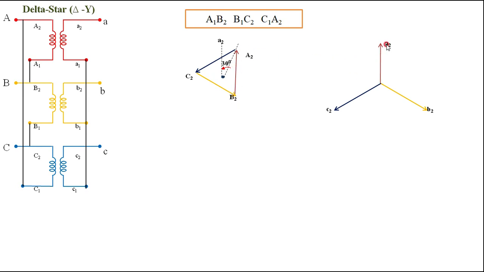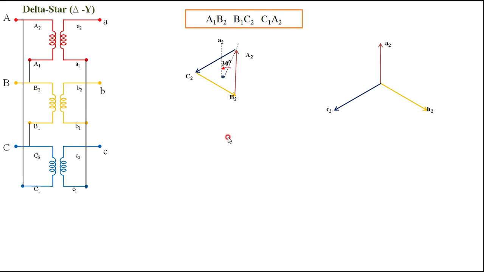Parallel to this B1, B2 I have the secondary with the transformation ratio, that is B1, B2. And parallel to this C1, C2 I have C1, C2 with the magnitude multiplied by the transformation ratio. That is what I am getting here. In the delta connection also we are getting a shift of neutral of 30 degrees.